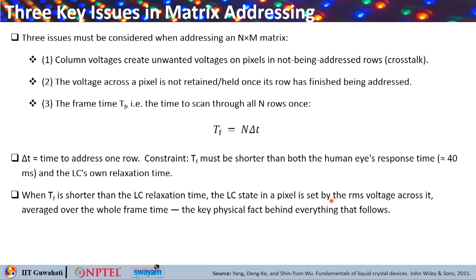Okay, so in short, if I want to explain this again, why this second speed constraint matters so much. You can understand this by thinking that when the frame time is shorter than the liquid crystal's relaxation time, the liquid crystal cannot track the fast changing instantaneous pixel voltage, and instead it responds to the RMS voltage averaged over the whole frame.